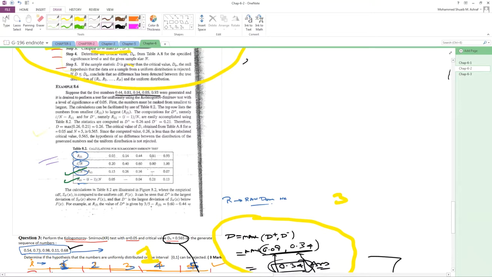Step number 1. Here write I. Here write Ri. Here write I by N. Here write I by N minus Ri.